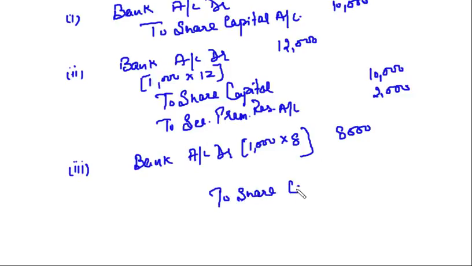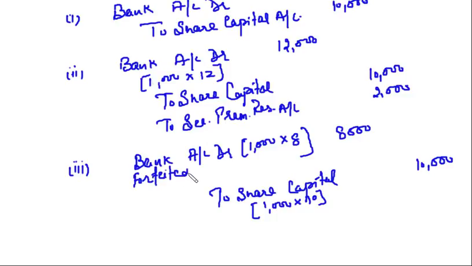Now, share capital we have to increase by 10 rupees. Our capital will increase by 10 rupees. Then where will this 2000 go? This 2000 we will take out from the forfeited shares account debit, 1000 into 2, 2000 rupees.